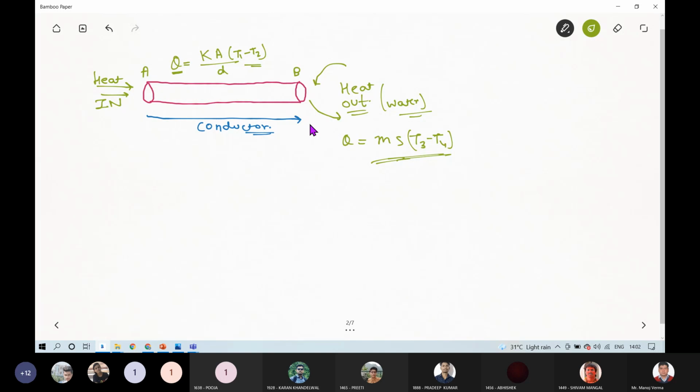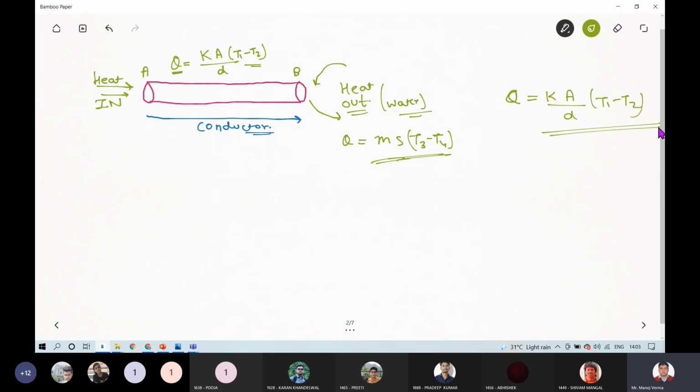Now, in this case, I can see the amount of heat transferred through this thermal conducting rod, the copper rod, was equal to K A (T1 minus T2) by d.